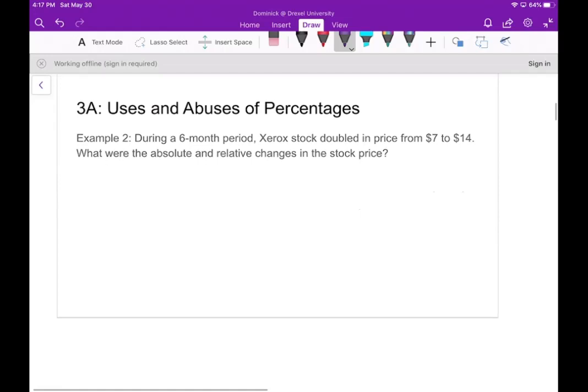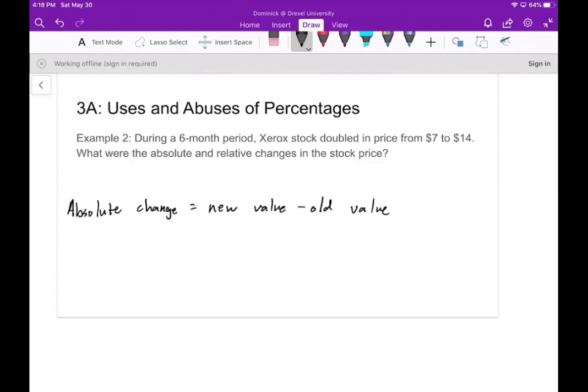Okay, so let's look at an example involving that. So now we have that during a 6-month period, Xerox stock doubled in price from 7 to 14. We want to know what was the absolute and the relative changes in the price. Well, the absolute change, of course, is the new value minus the old value, or minus the reference value, which in this case, the new value was 14 and the old value was 7.